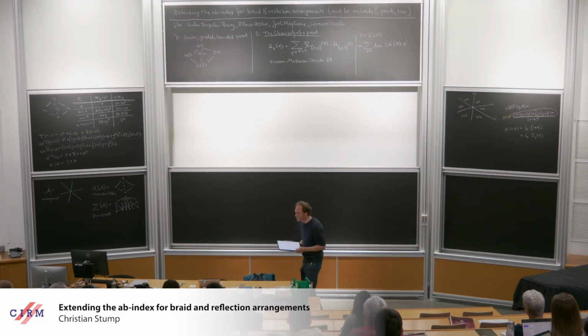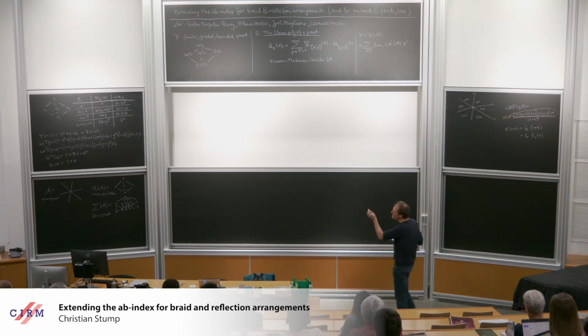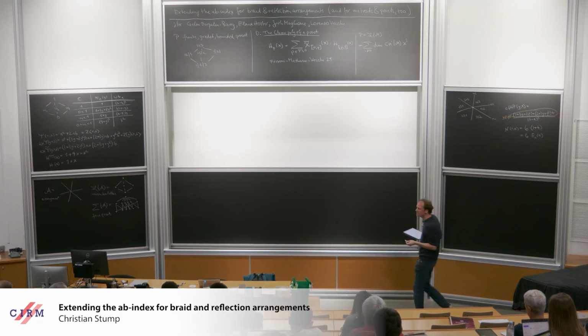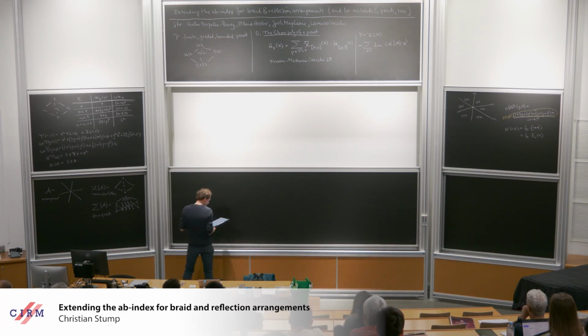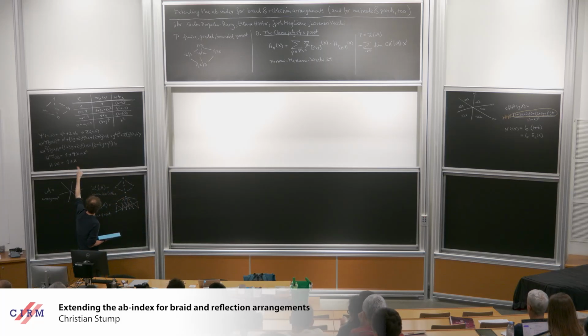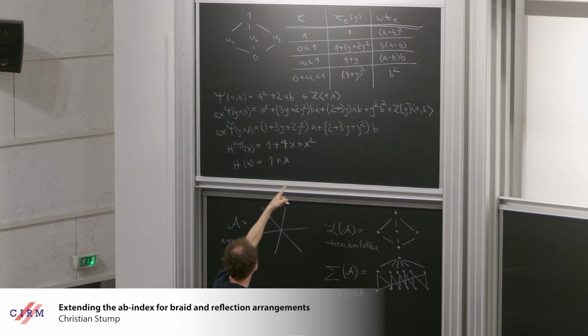We now want to define many polynomials or combinatorial data for posets. If you have questions, we're going to see some examples later on, and please interrupt. The goal is to define the so-called AB index of a poset, which is this psi there, and the extended AB index, which is this x psi there.